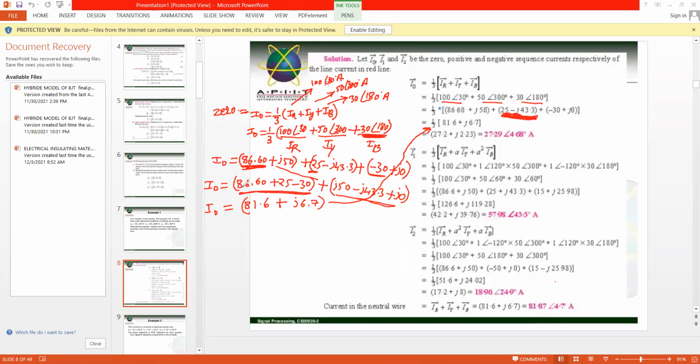And here 1/3. Here also 1/3. So next, I0 is equal to, now calculate this.